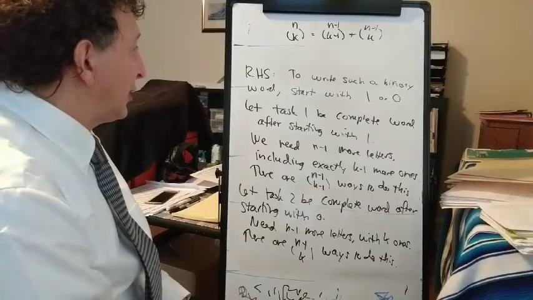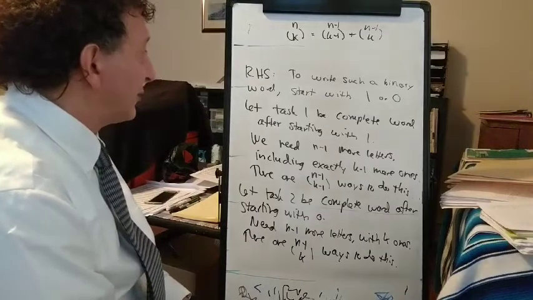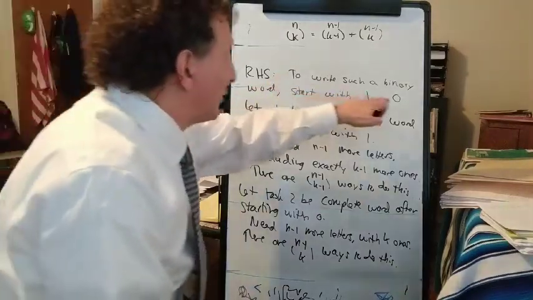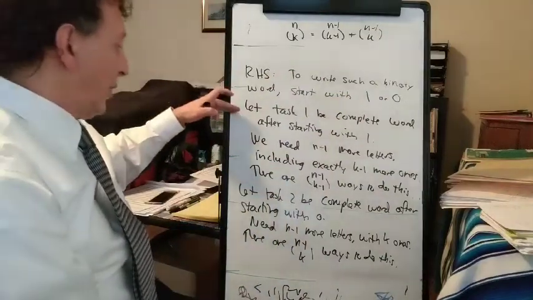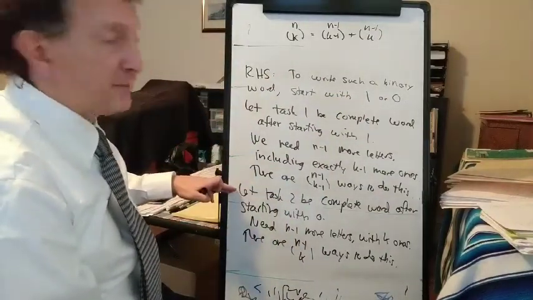Now if we create a binary word of length n with k ones, we're going to either start with 1 or 0. That is, we're either going to complete task 1 or complete task 2.